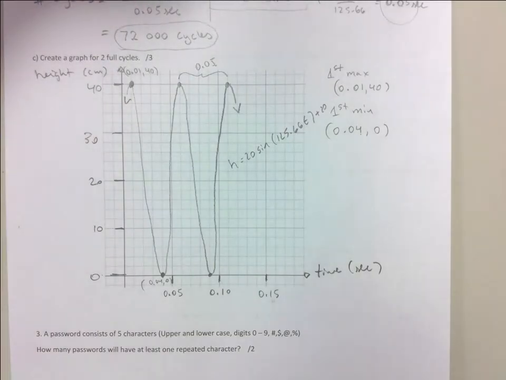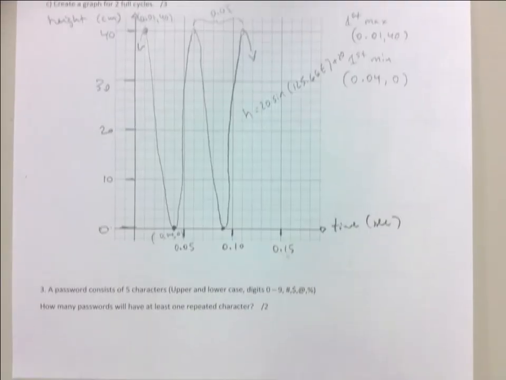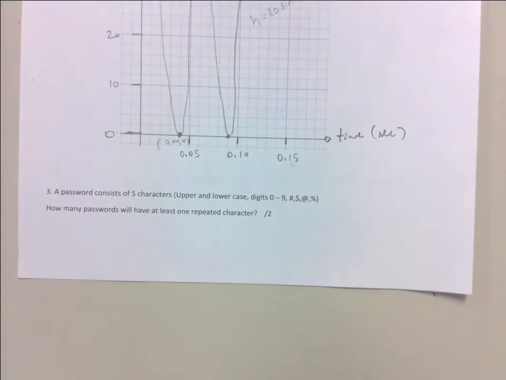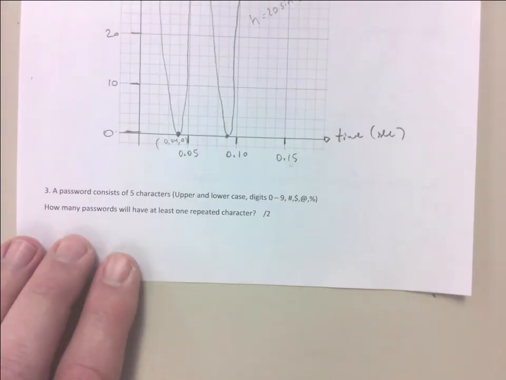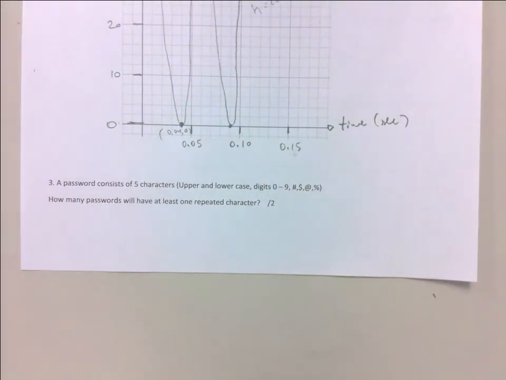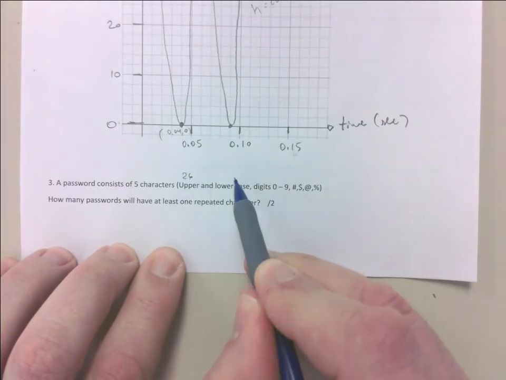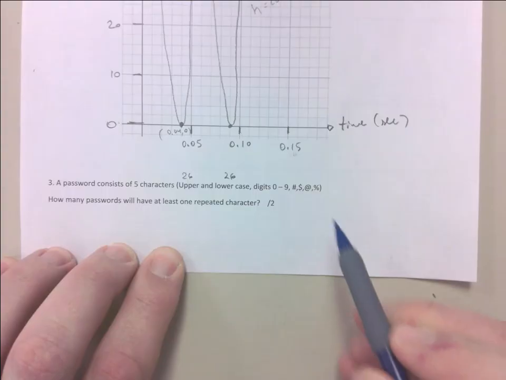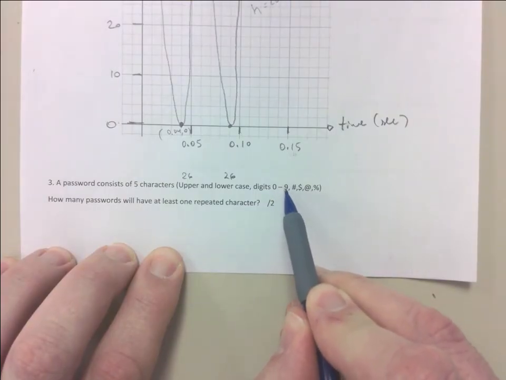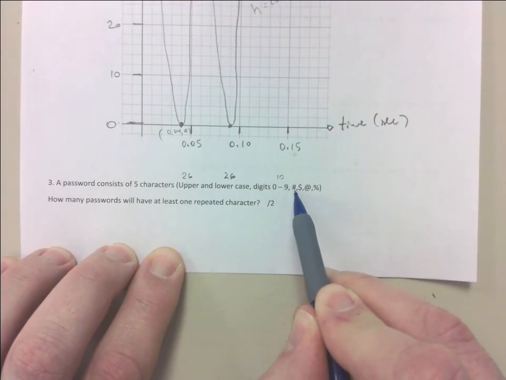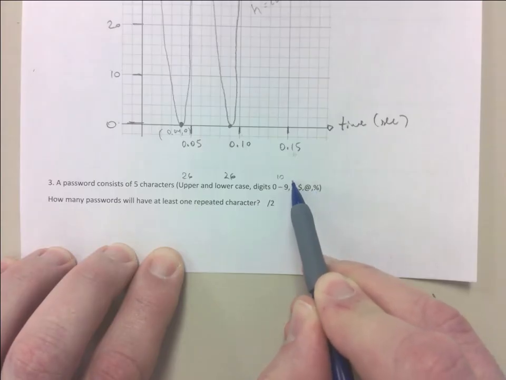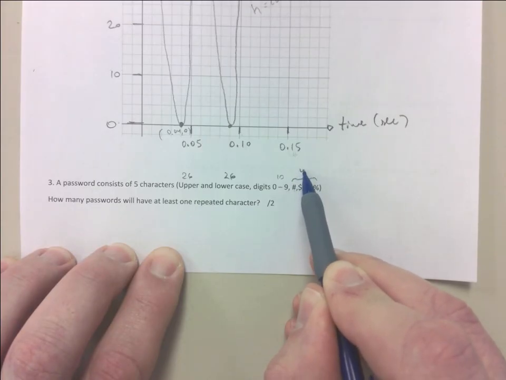All right. Let's do the last one here, blast from the past. I don't know if you were able to do this. This is the counting methods, chapter 4. A password consists of 5 characters. You can have uppercase, lowercase, and digits 0 to 9, so that's 10, plus 1, 2, 3, 4 special characters.